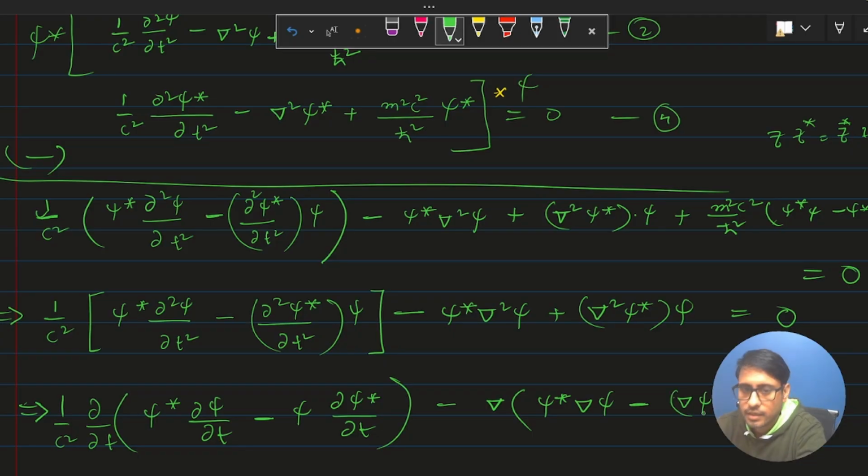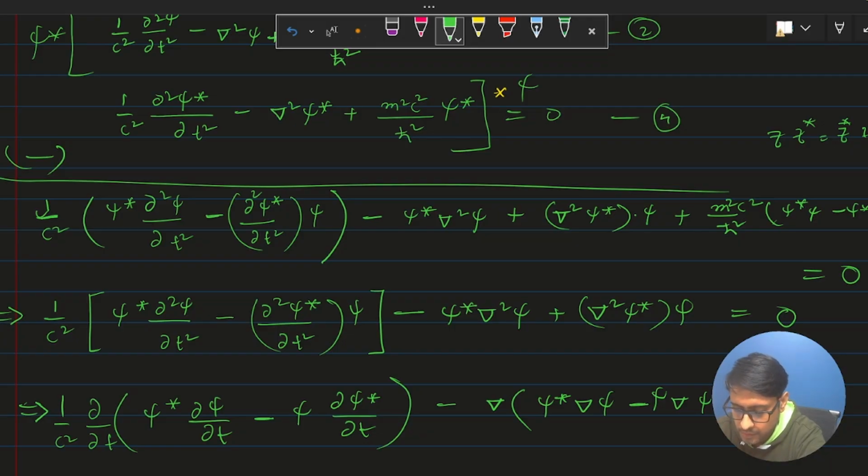It doesn't matter whether you write this to the left or to the right, so we can write it like this. If we want to reduce one of the brackets, then we can write it as psi del. So this is 0.